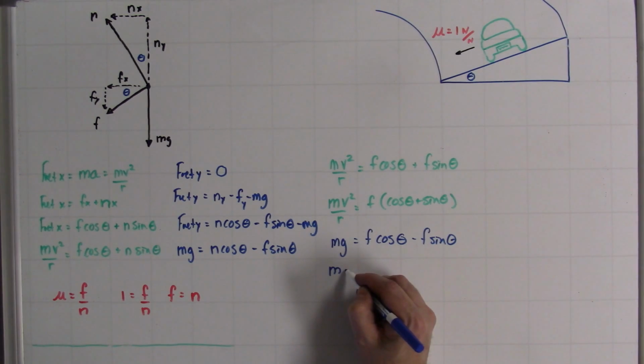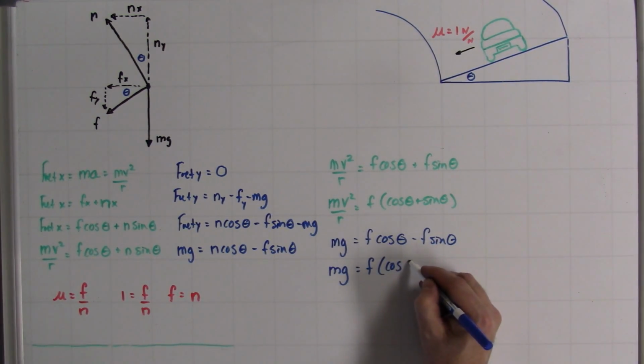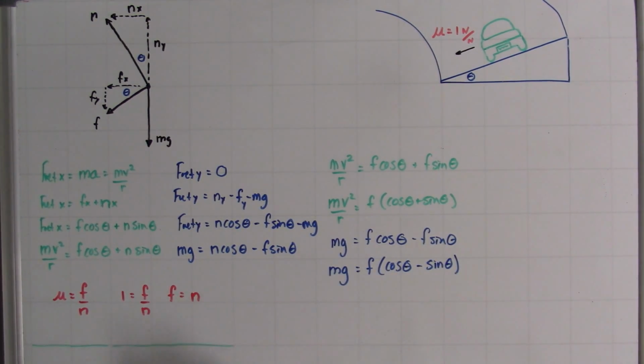And if I factor out my f, I have f times cosine theta minus sine theta. So here's the hard part. I have an f here and I have an f here, and I just need to get the speed, so I need to get rid of the f. So I'm going to solve for f here and I'm going to solve for f here and set them equal to each other. And let's see how that happens.